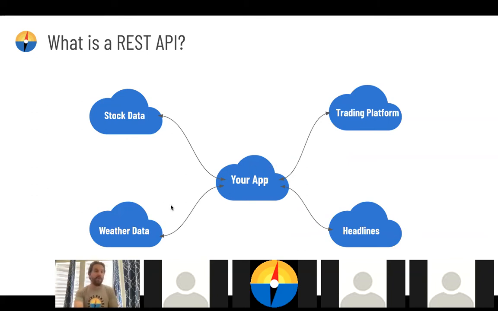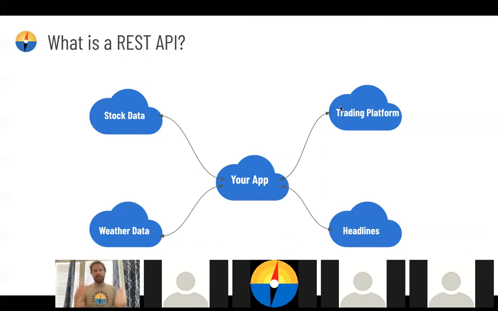My application will also make requests to weather.com or whatever your favorite weather service is. They've all got RESTful APIs. It will also make requests to various stock APIs that deliver stock information, current pricing information, etc. And then it's going to make requests to my actual trading platform to execute trades, right?